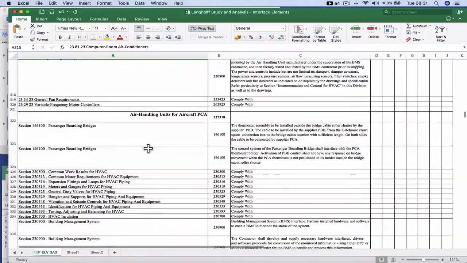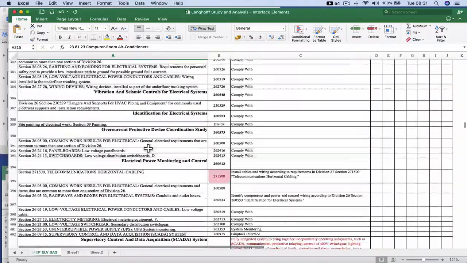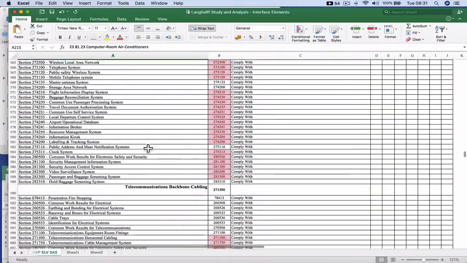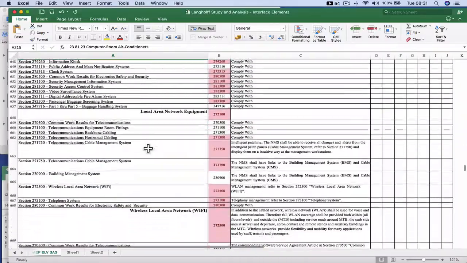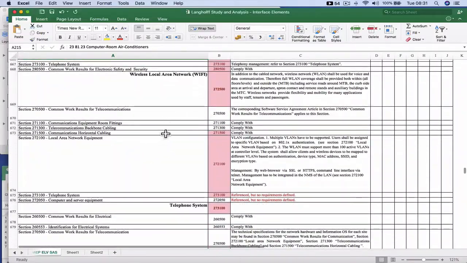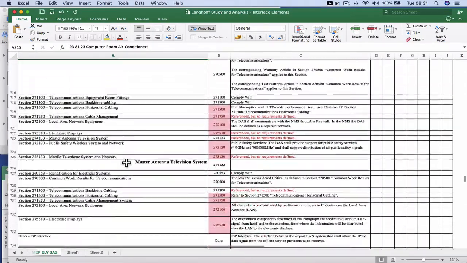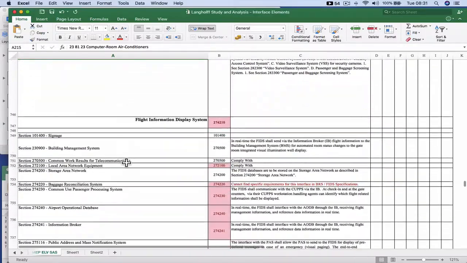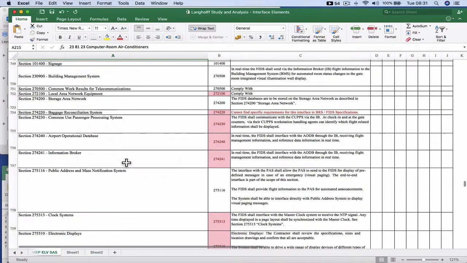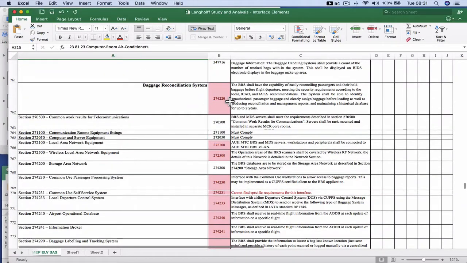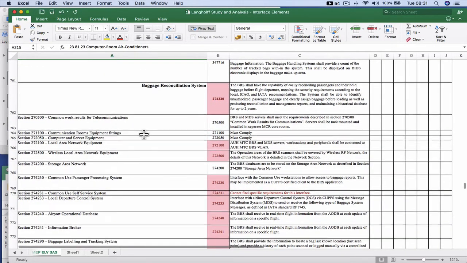This takes going through every single specification to find out where all your gaps are and where you need to raise SCRs or get further definition. Because all of these will require some form of interface control document or interface design document, or whatever you want to call it. You basically have to define that interface.